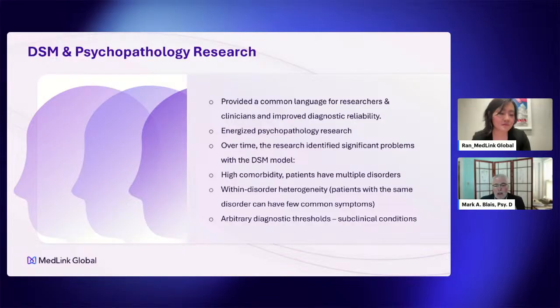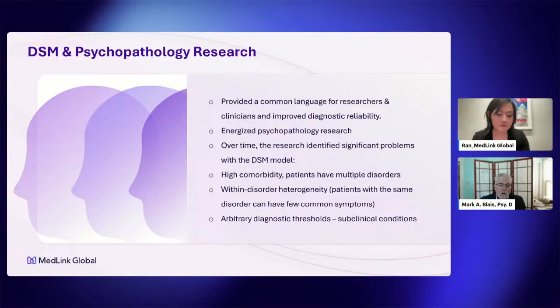And when clinicians talked about depressed patients, they could pretty much assume that other people knew what that kind of depression was. And in addition, that clarity brought better reliability. When reliability improved, it really energized psychopathology research. Lots more studies were being done, and they were being done in different ways.